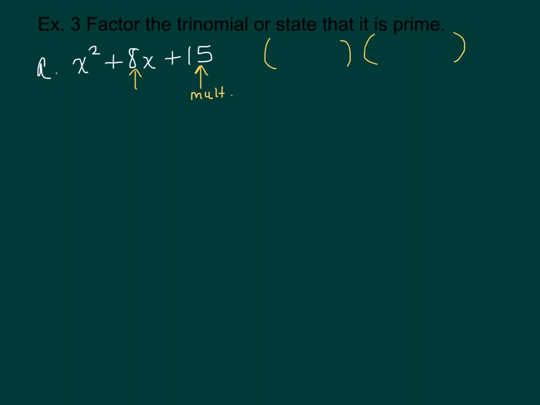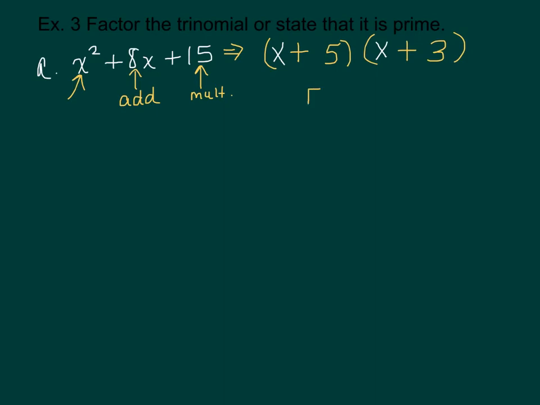And of course, for the x squared, we would need an x and an x. So the only two numbers that multiply to give you 15, but add to give you 8 would be 5 and 3. And they both have to be positive. And that's how you factor.